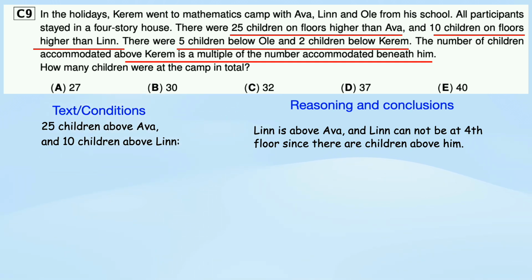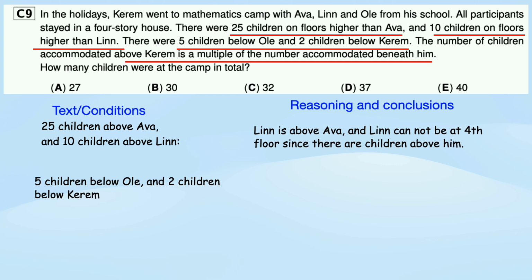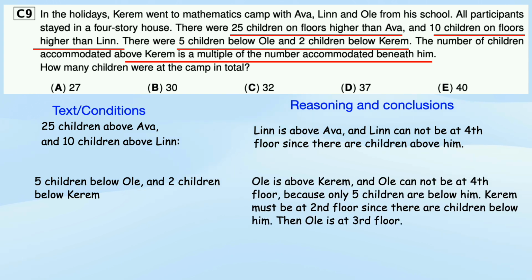So now let's look at the next condition. 5 children below Ole and 2 children below Kerem, which also means Ole is above Kerem. And Ole cannot be on the 4th floor because only 5 children are below him, and otherwise it would contradict the first condition, 25 children above Eva and 10 children above Lin.